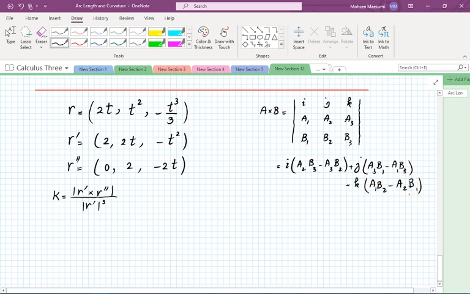It's one of those formulas that are next to impossible to memorize, but if you follow some conventions you won't go wrong. So what I have to do is R prime cross R double prime.